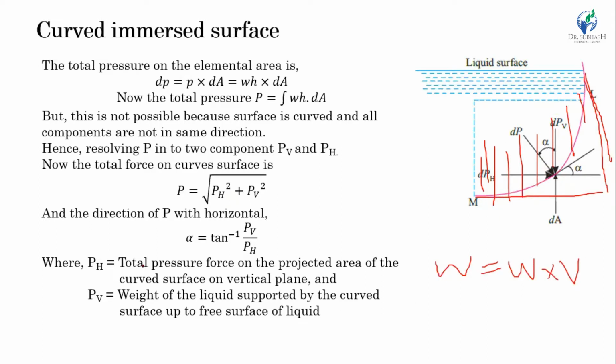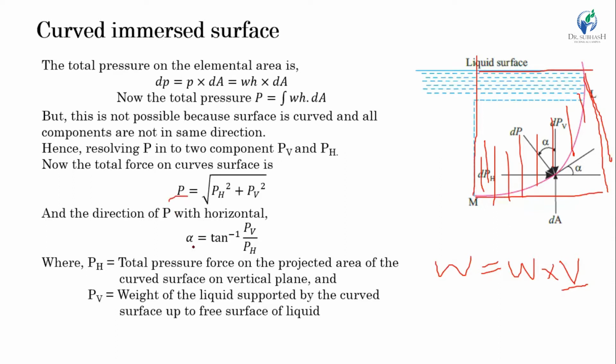So to calculate the vertical force, you have to consider the total volume, which is nothing but the volume covered from the surface to the free surface of liquid. So this much volume is considered. First calculate this volume times rho g, say specific weight, and this way you can calculate the vertical component of force acting on the curved surface, and thus calculate the total pressure force.